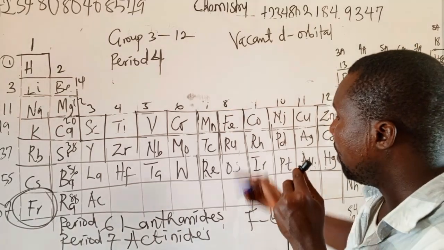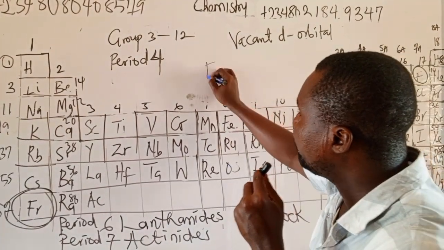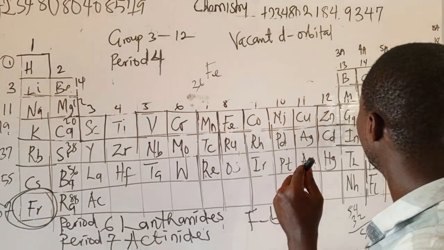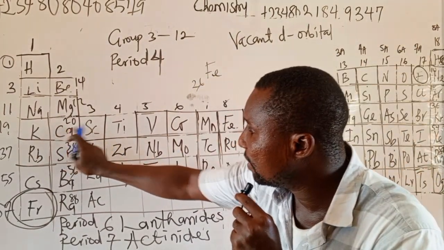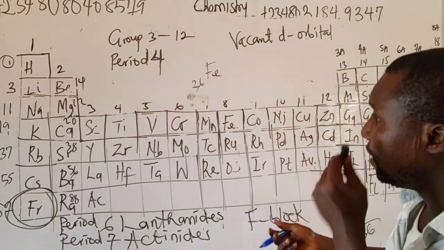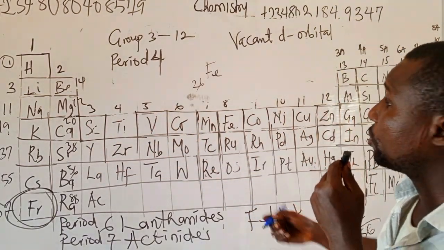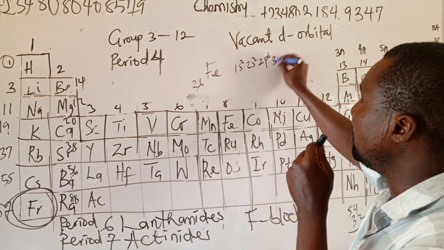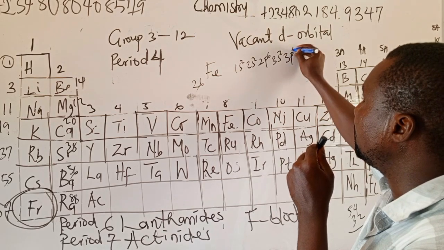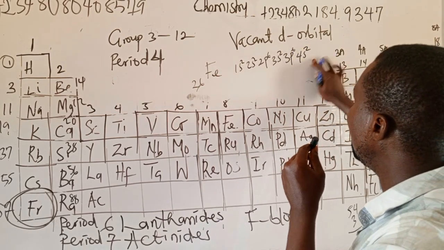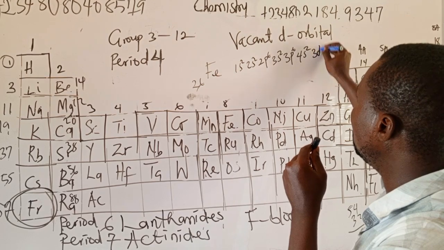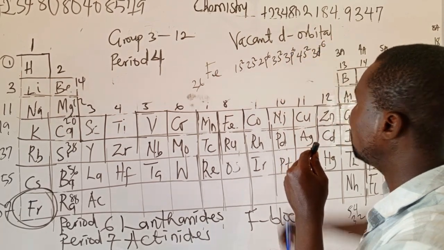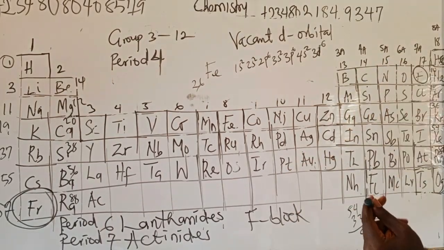Look at this, for example. Look at iron. The atomic number of iron is 26. If you draw the electronic configuration, we have 1s2, 2s2, 2p6, 3s2, 3p6, 4s2, then 3d6.